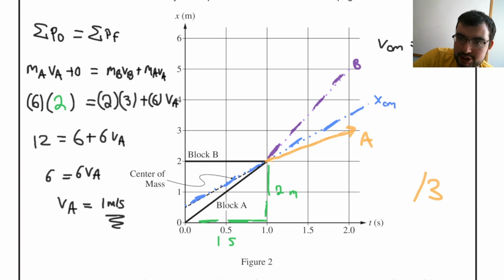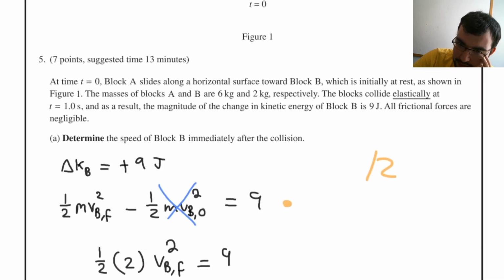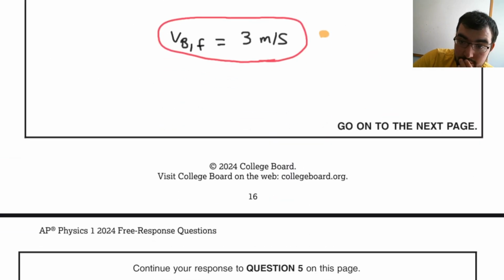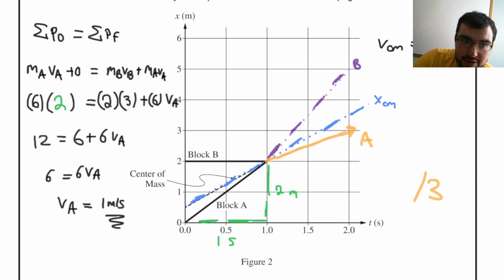So a point for not changing the center of mass line, a point for making the B line what it should be, given your part A answer, and then doing momentum conservation to get block A's velocity. So this might even be 4, and this could even be 1 point maybe. Solving the momentum is quite a point here, if that's only one of them.